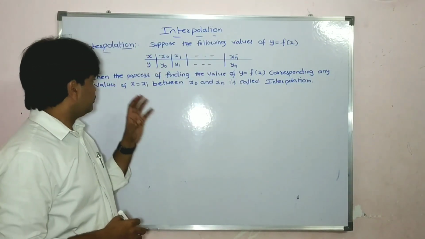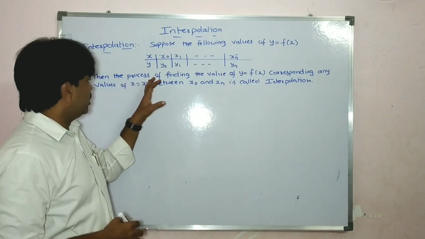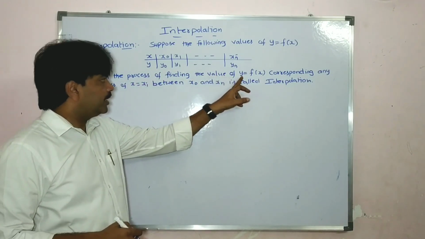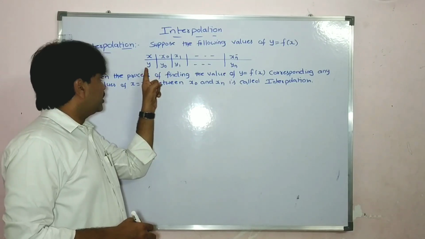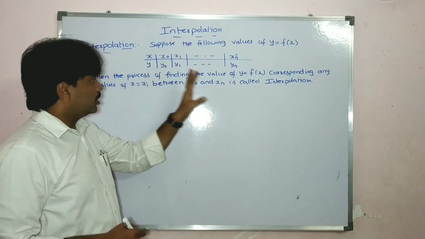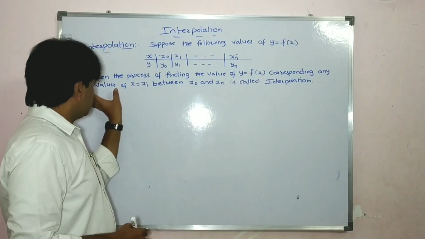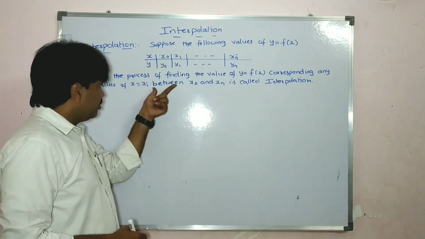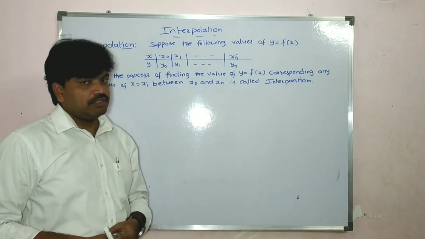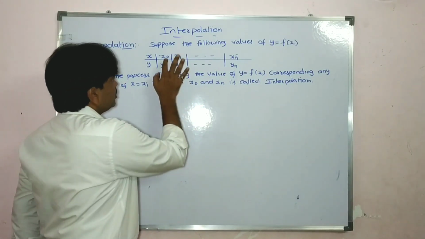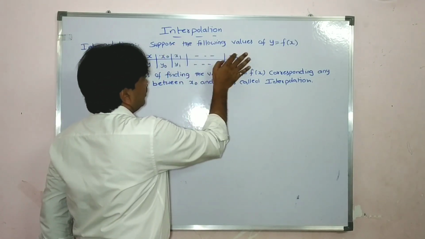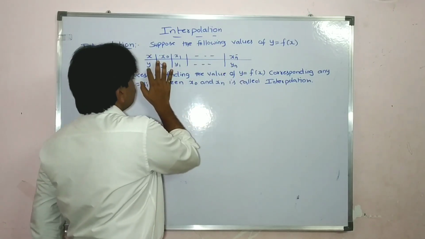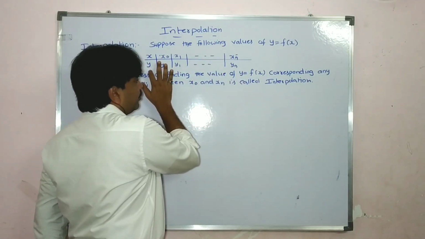Once again, what it says: the process of finding the value of y corresponding to any value of x is equal to xi between x0 and xn, students. Between x0 and xn, we are finding the value of y.